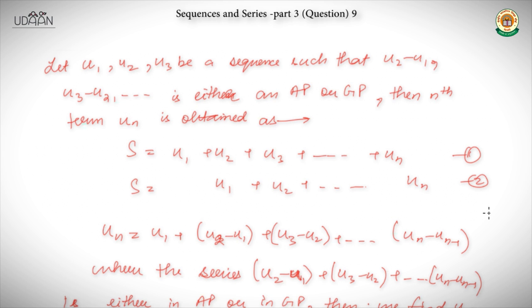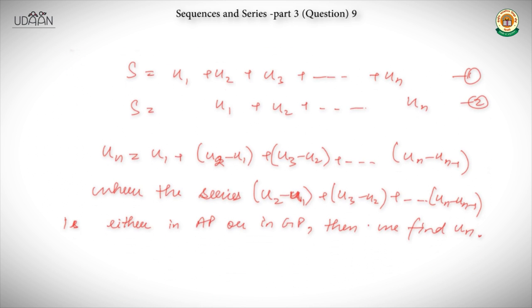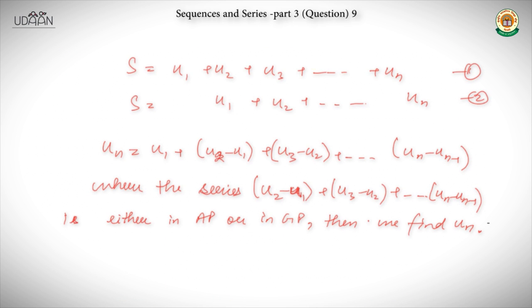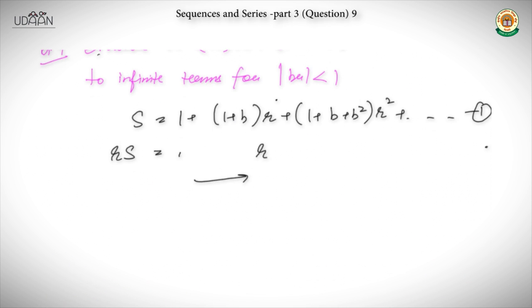And then we just subtract the two. By this, what we actually get is the nth term of the series. After finding the nth term, we get that it is in AP or in GP, and then we can just solve the series further. Basically, it just simplifies it. We just look at the question and we'll see how it makes our work easier.